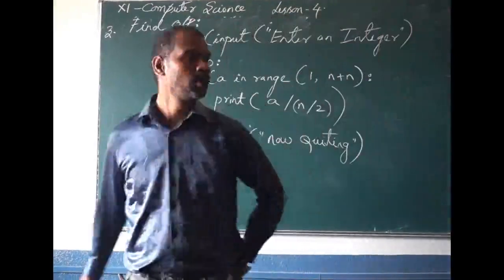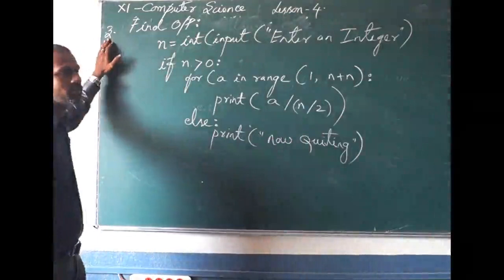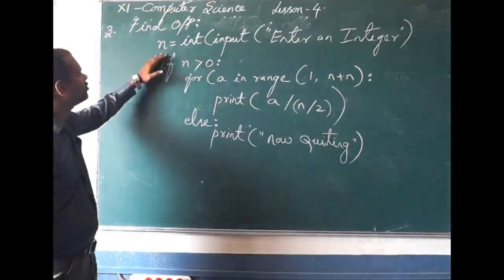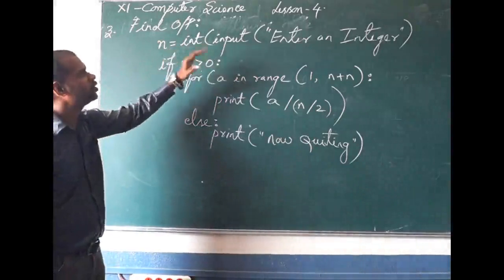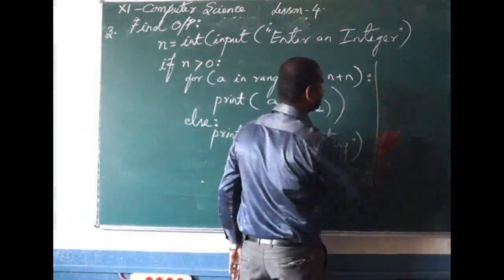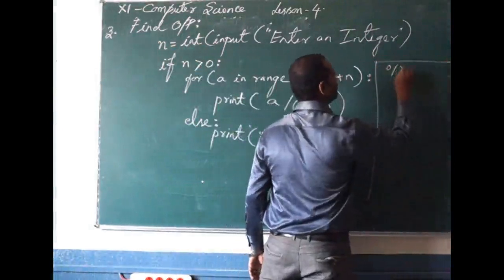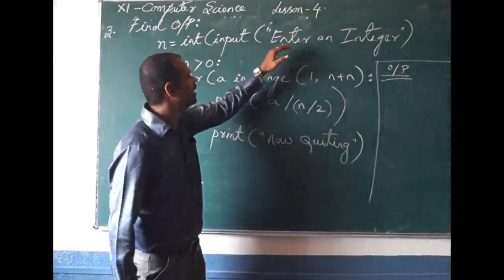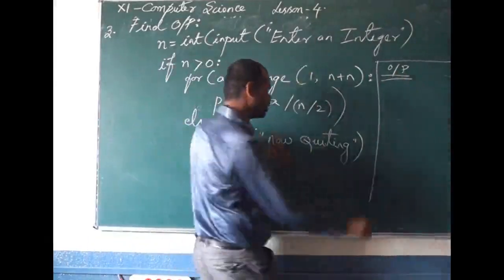So okay students, now we are going for the third question. Find the output. n is equal to int input "Enter an integer". What will be the output? First it will print "Enter an integer".